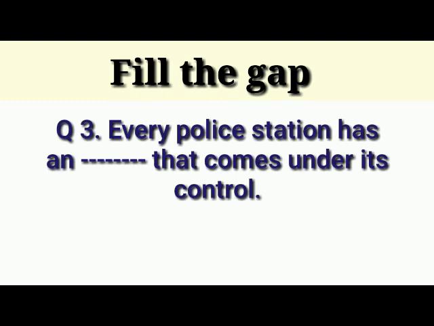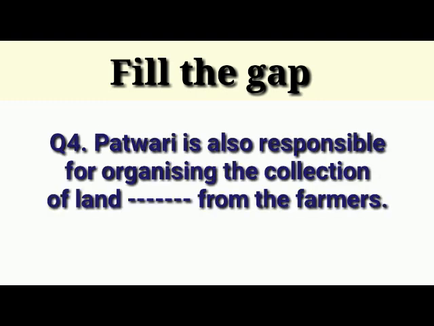Next question is every police station has an dash that comes under its control. Answer is area. Every police station has an area. Next question is Patwari is also responsible for organizing the collection of land dash from the farmers.